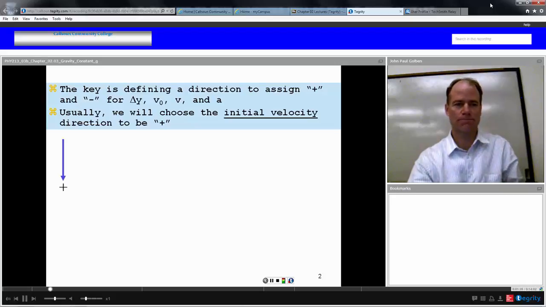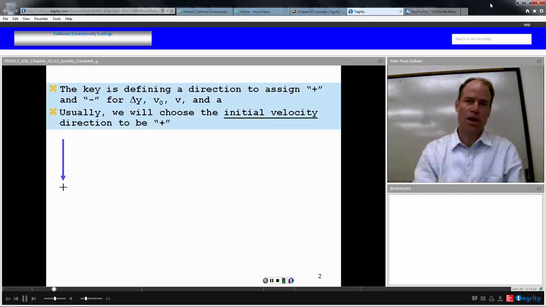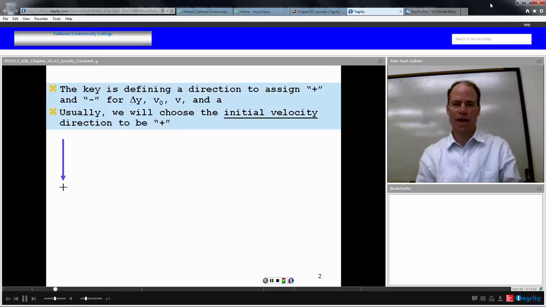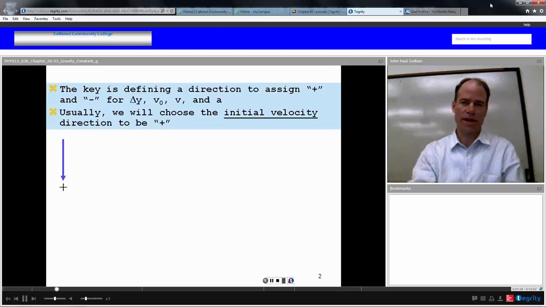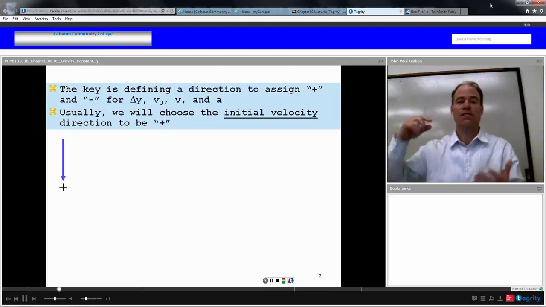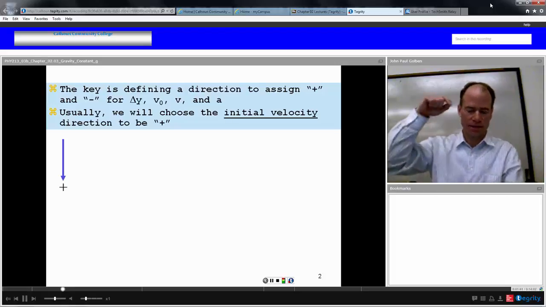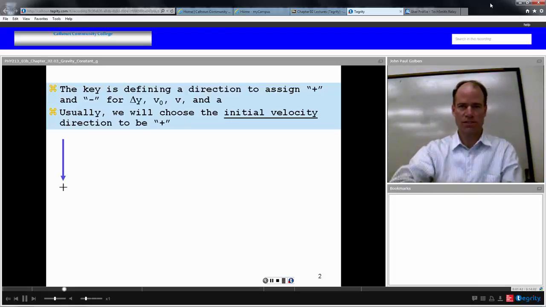For instance, let's say you're throwing something down. You can define down as your positive direction. And if you do that, your initial velocity will be down, your displacement in that direction will be down, acceleration of gravity will be a positive quantity and down as well. All these things will be defined as your down direction.